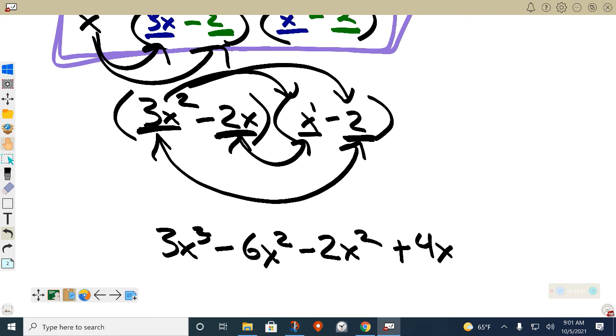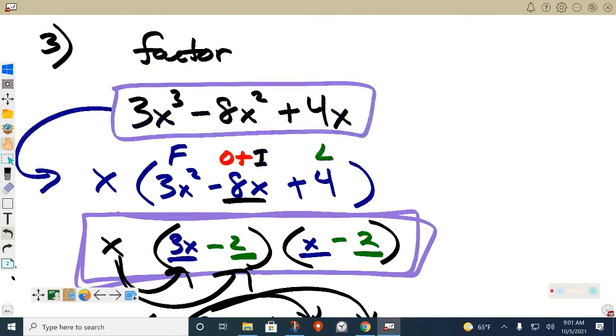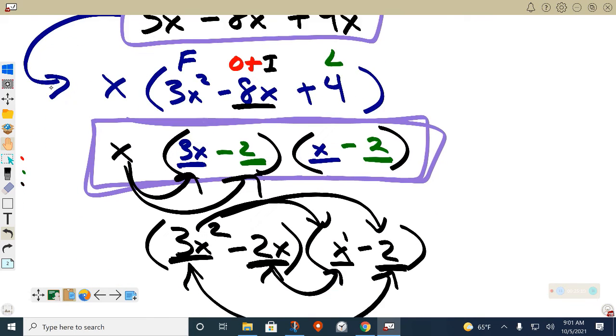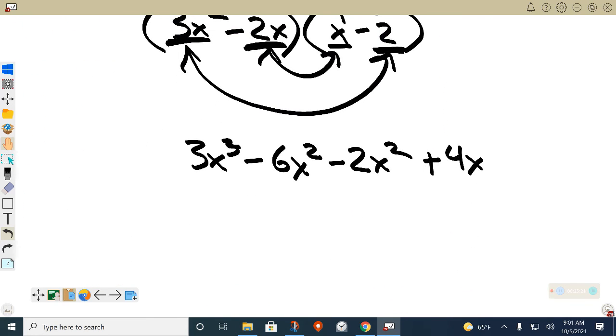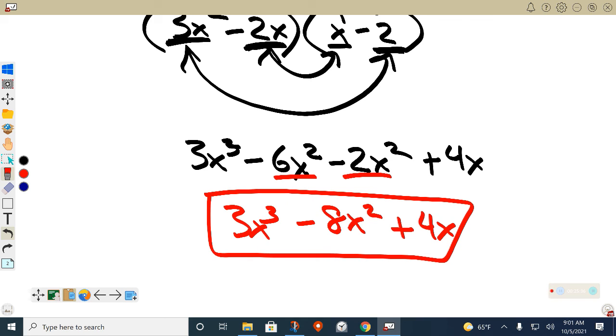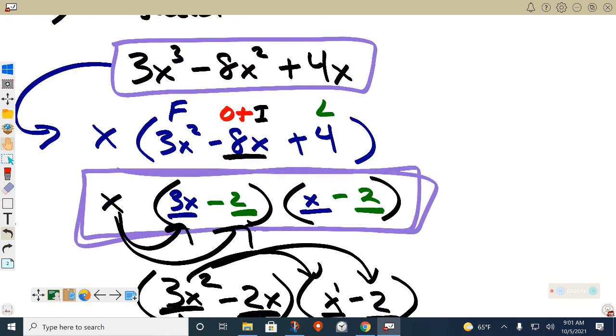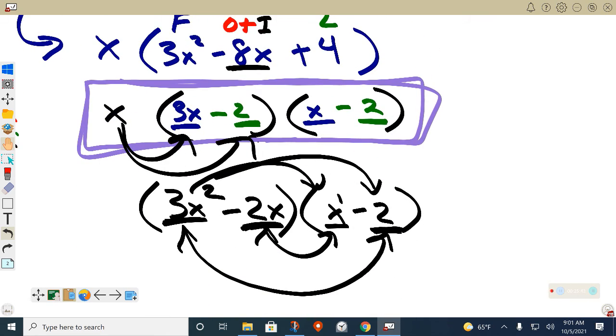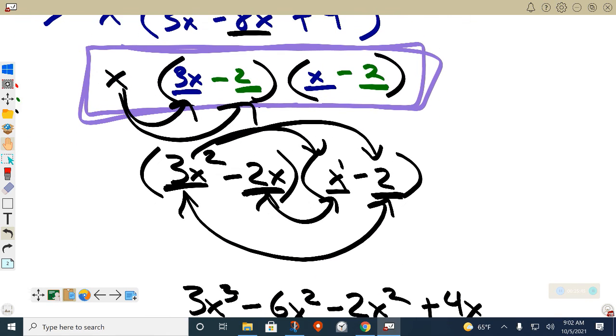It's starting to look like what we started off with. All I got to do is add those like terms in the middle there, right? This and this become negative 8x squared. Look, there's a 4x over here, and I got the 3x to the third. So I multiplied it all out, and it became the original stuff. That's the original stuff we started off with, right there. That's why the x stays, because it's part of the stuff you multiply to get to the original stuff.